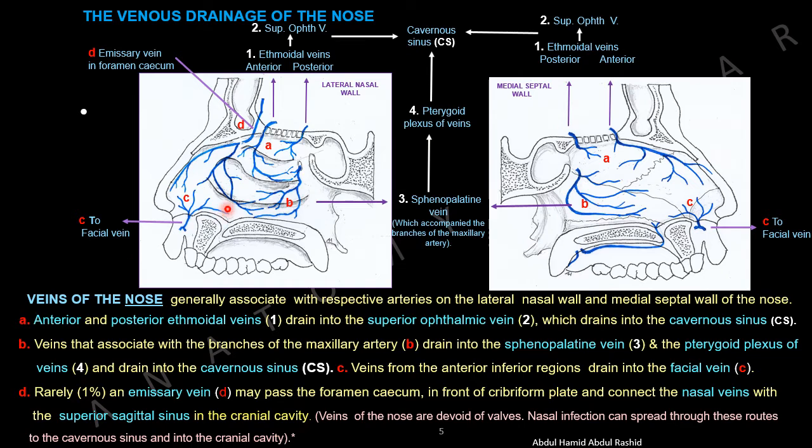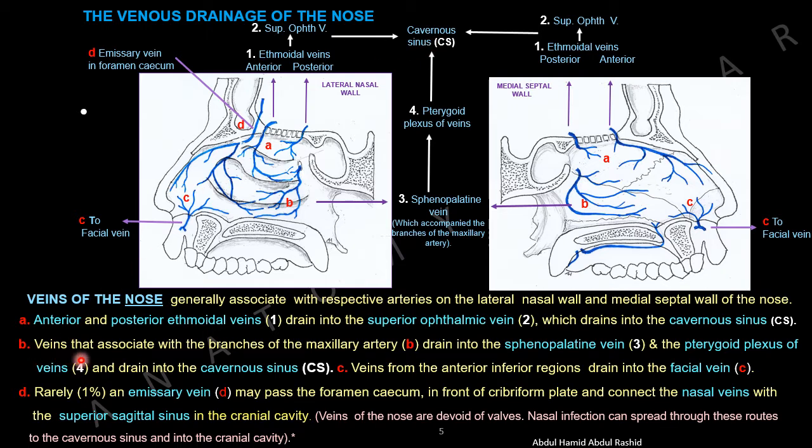Area A, that is antero-superior part of the nose. In this area A, the veins are anterior and posterior ethmoidal veins, 1, which drain to the superior ophthalmic vein, 2, and then drain to the cavernous sinus.